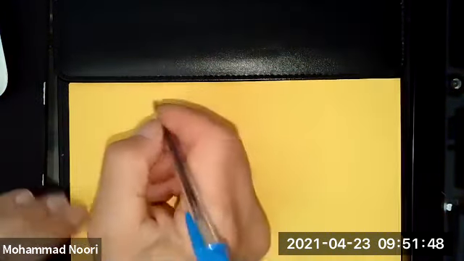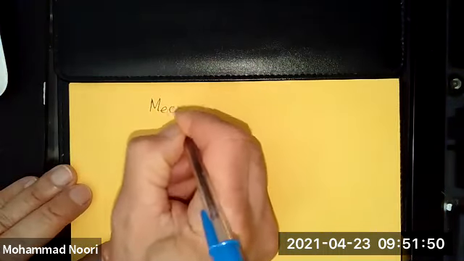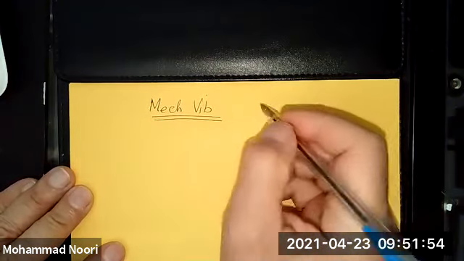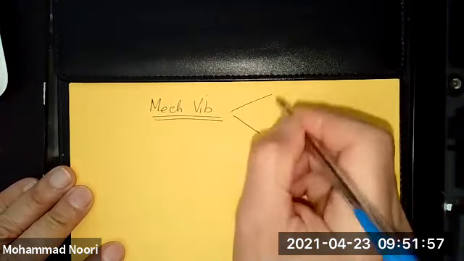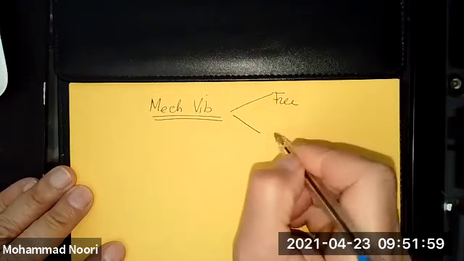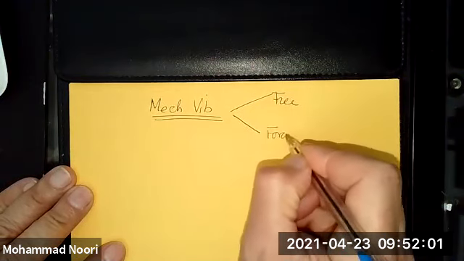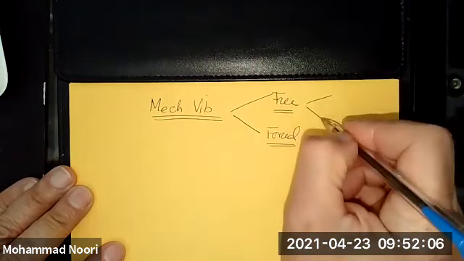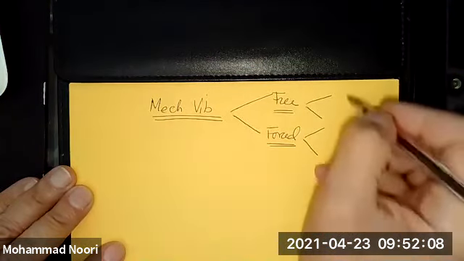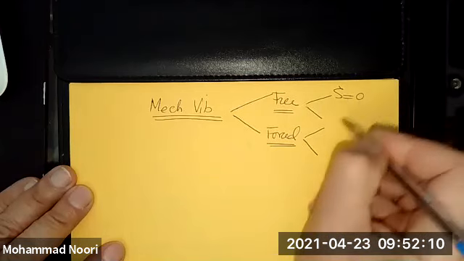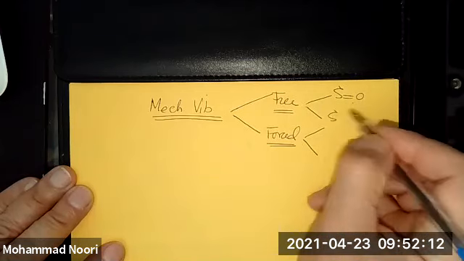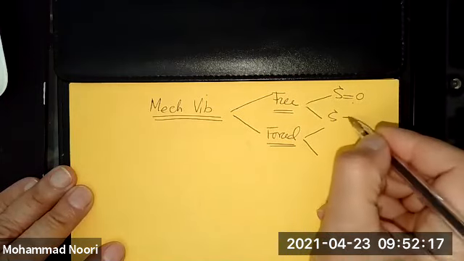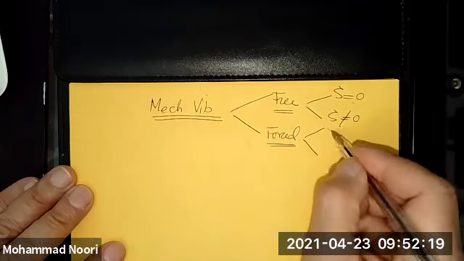So as I said, mechanical vibrations is the study of systems when they're freely vibrating or they're vibrating due to the action of a force. And in each case, the system can be either undamped, now that we have the damping ratio, we use this notation, or damped.